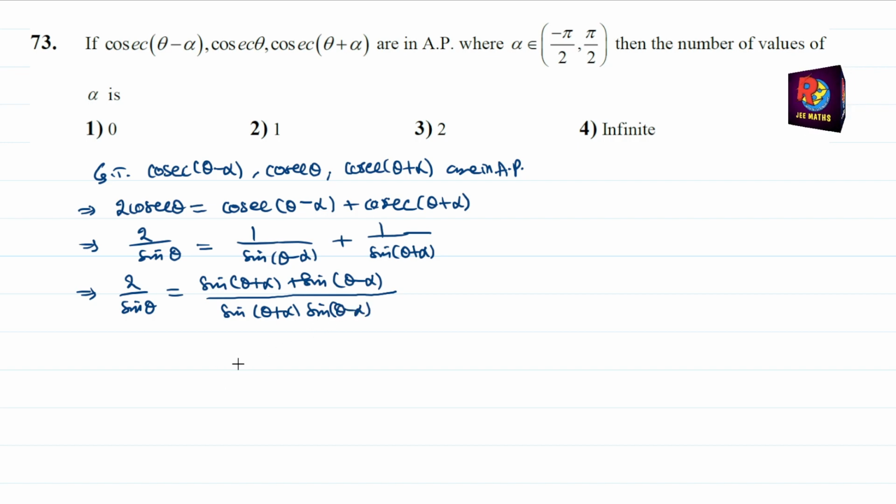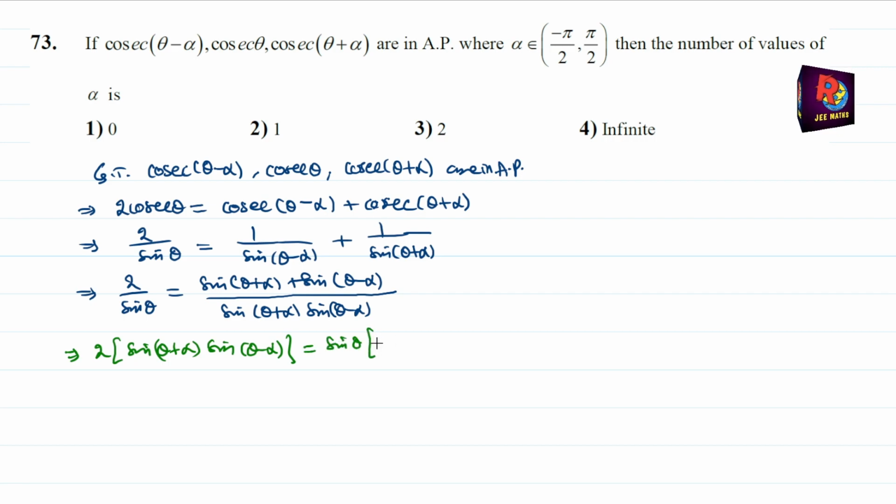If I cross multiply these values, you can observe this 2 into sin of theta plus alpha into sin of theta minus alpha equals sin theta into sin of theta plus alpha plus sin of theta minus alpha.